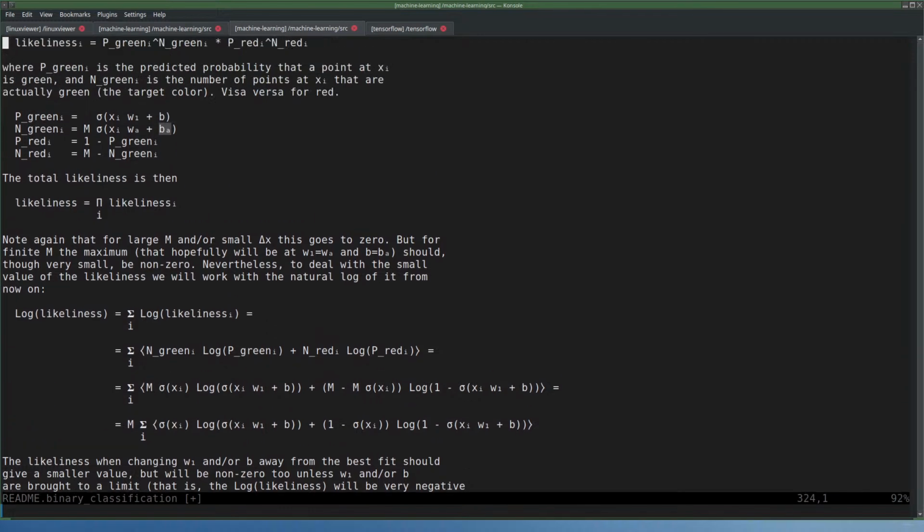Yeah, I mean, likeliness was defined as p to the power n green. If you take the log of that, you get n green i times the log of p green i. And the multiplication changes into a plus because you took the log. And the power again, so you get n red i times the log of that.